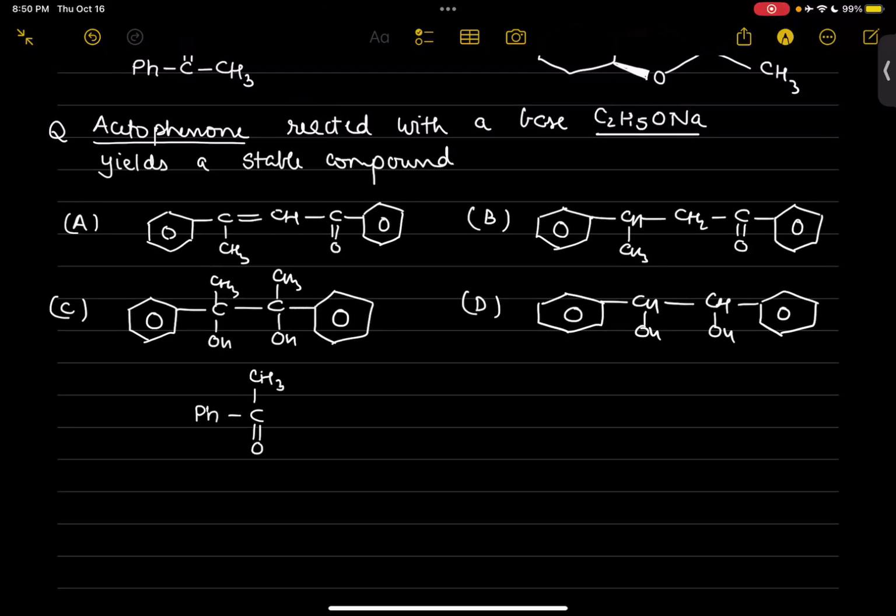This is acetophenone. Okay, we are going to remove the alpha hydrogen and make it negative, because alpha hydrogen is acidic. It is going to join to the C double bond O, and it will become OH.